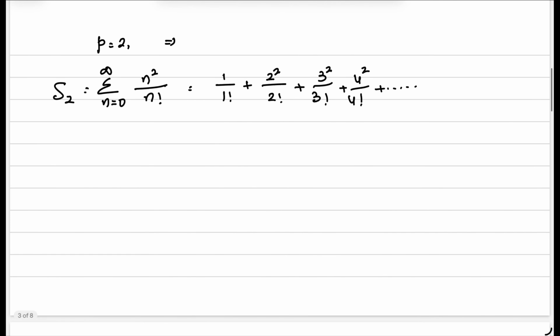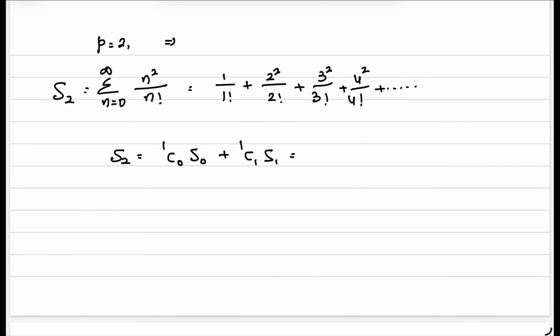There is one formula we can use. S2 is equal to (1C0 S0 plus 1C1 S1) into E. What is this?